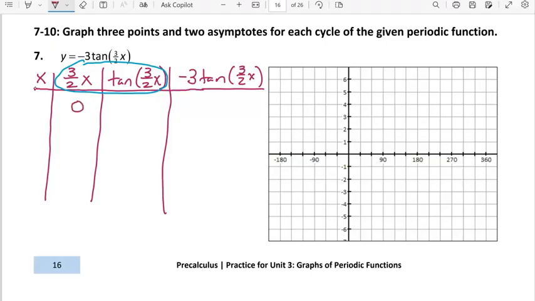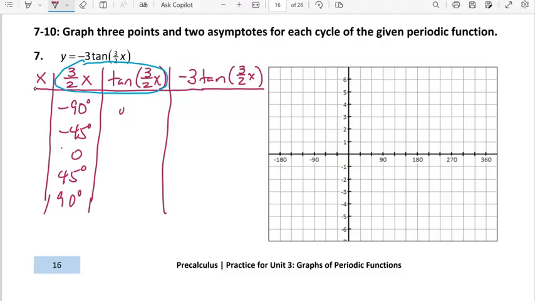So instead of going by 90 degrees, we're going to go by 45 degrees. And, in fact, I almost forgot, we're going to actually start at -90 because that's where an asymptote is. So -90, -45, 0, 45, and 90.